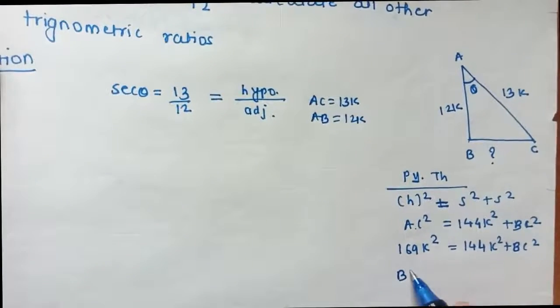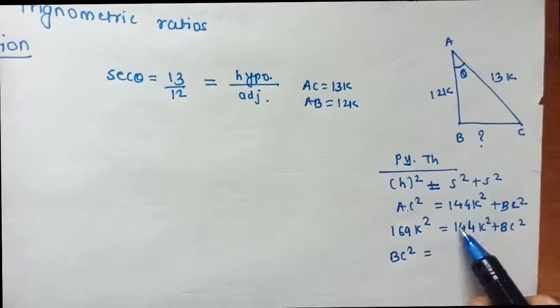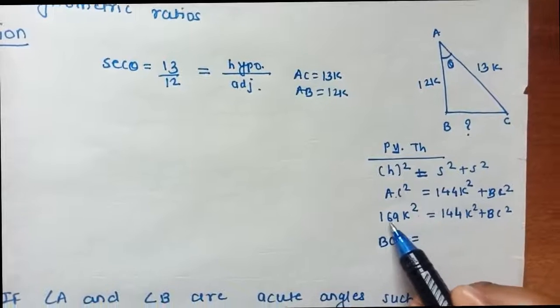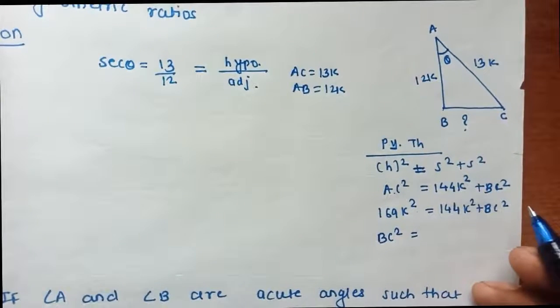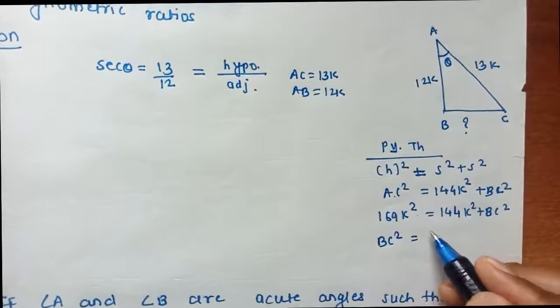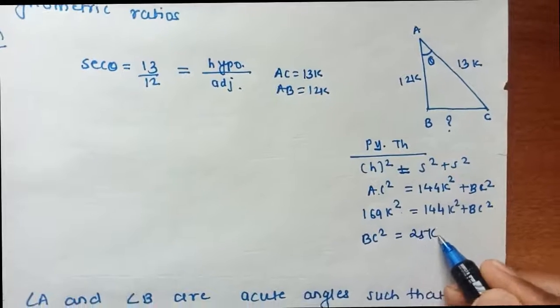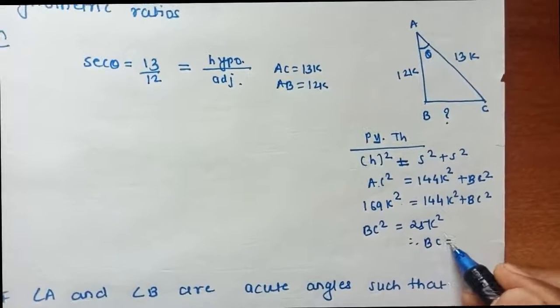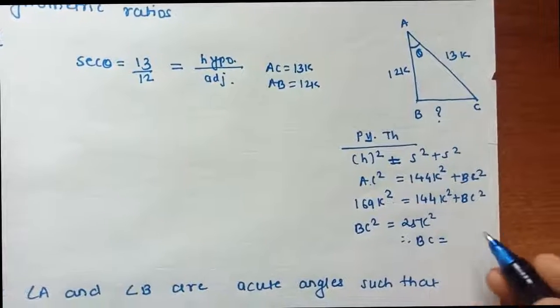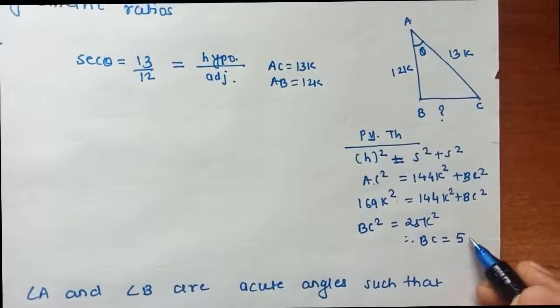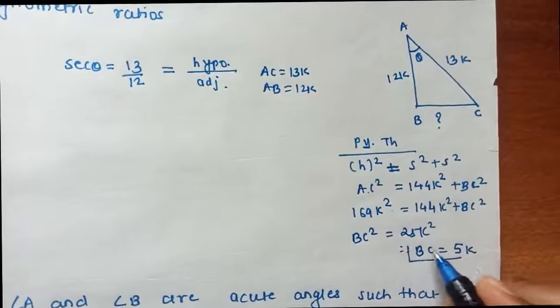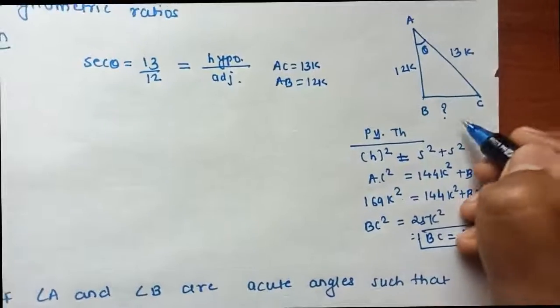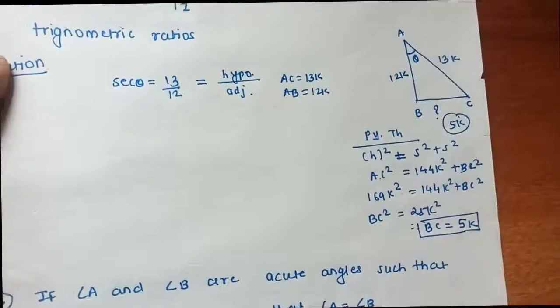So BC square is equal to, take this 144 this side, it will become 169 minus 144, which is 25, and this k square will be as it is, so it will become 25k square. Therefore BC is equal to square root of 25 is 5, and square root of k square is k, so I got BC is equal to 5k. So I got this BC value as 5k.